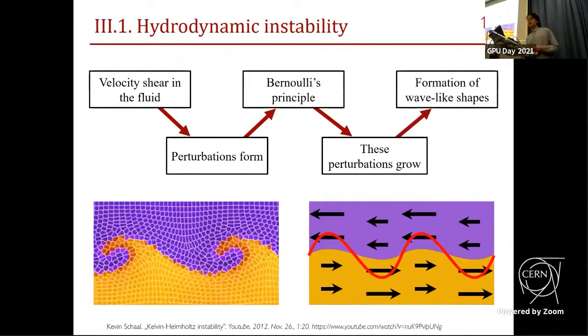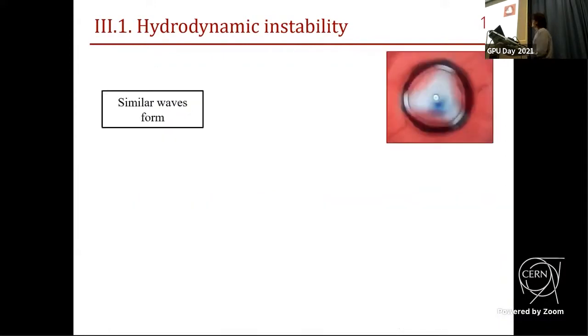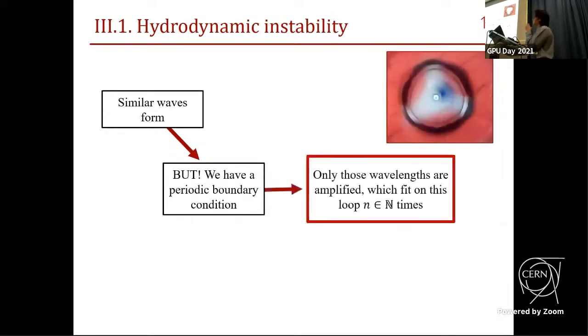Okay, we have waves. How do we get polygons from those? Now, in these polygon vortices, we have these waves, but do not forget that we have periodic boundary conditions. These waves basically go in circles. So what happens is that only those wavelengths are amplified which fit on this circle a round number of times, integer times.